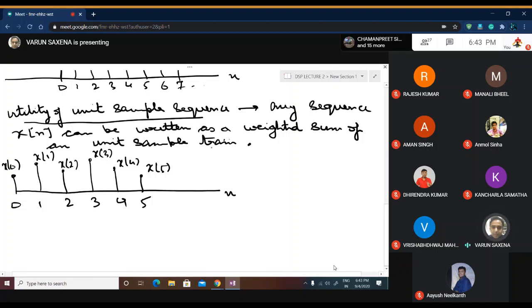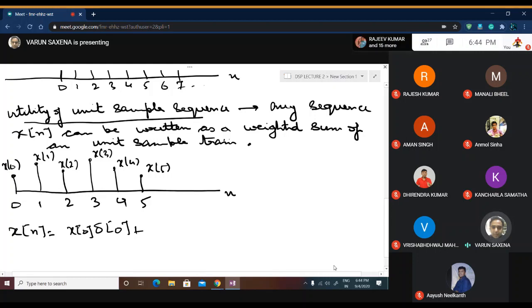Okay. Now what I'm basically saying is that you can write x[n] as follows. You can say that x[n] is basically, what is the impulse at n equal to 0? It is delta 0. And what is the amplitude at this point? It is x0. Plus, what is the impulse at this point? Delta n minus 1? No, it is delta 1.